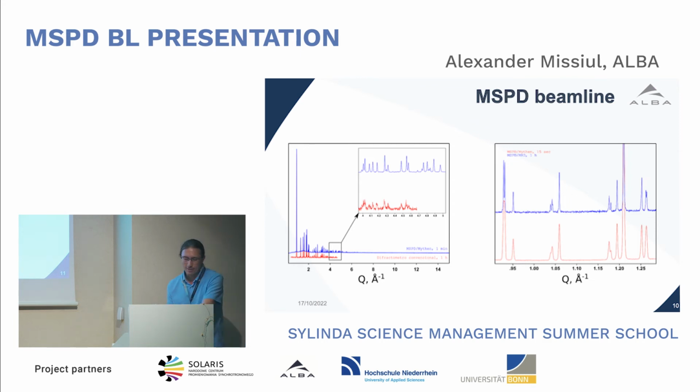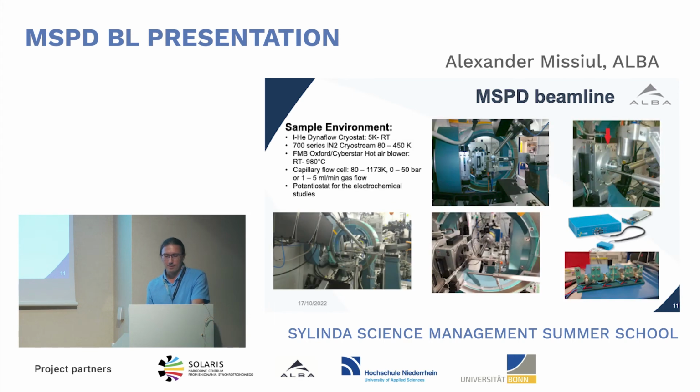Of course, all this cannot be done without corresponding sample environments. So we have plenty of them. We have the cryostat for liquid helium temperature. We have a cryostream device that can be used down to liquid nitrogen temperature. We have a hot air blower for high temperature, almost to 1,000 degrees centigrade.